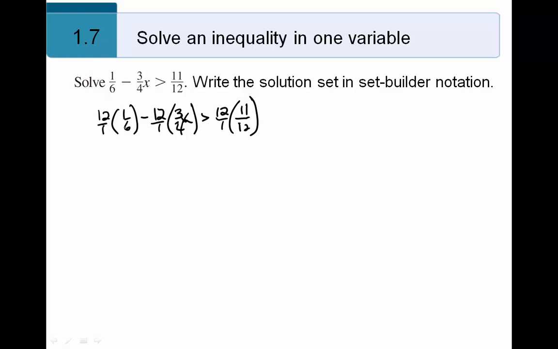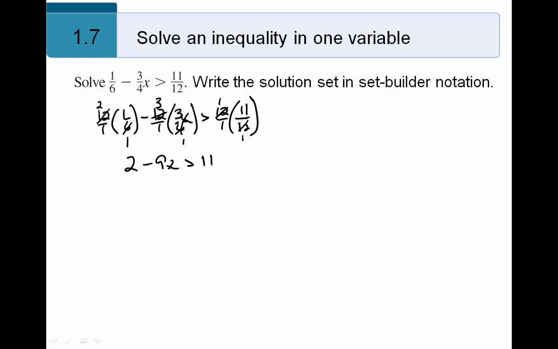In the first multiplication, I can cross-cancel by 6. 6 goes into 6 one time, into 12 two times, and 2 times 1 is 2. In the next, 4 goes into 4 one time, into 12 three times, and negative 3 times 3x is negative 9x. In the last, 12 goes into itself one time, and again into itself one time, leaving 1 times 11, or 11.